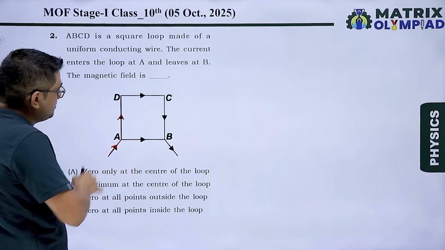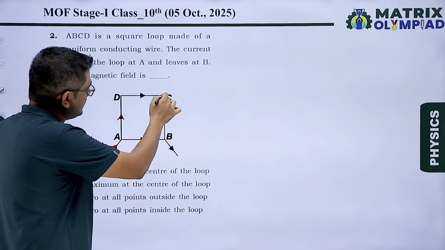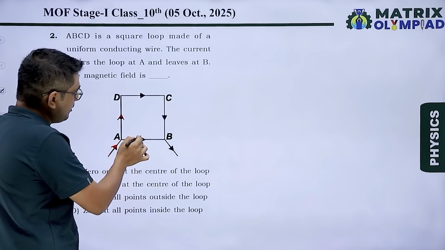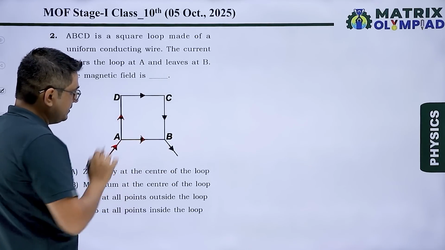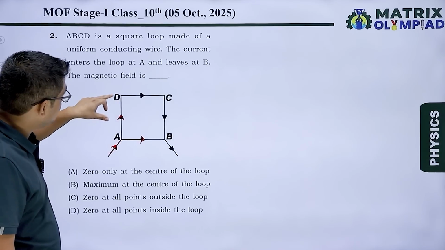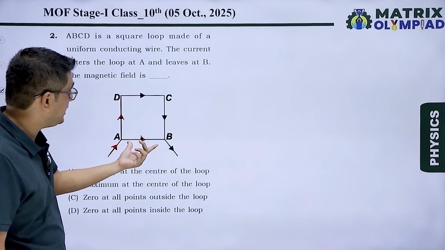Some of the current passes through AD section and the same current will pass through DC section and then CB section, because all these 3 sections are in series, and some part of the current will pass through AB. As we can see here, the length of ADCB part is thrice the length of AB.